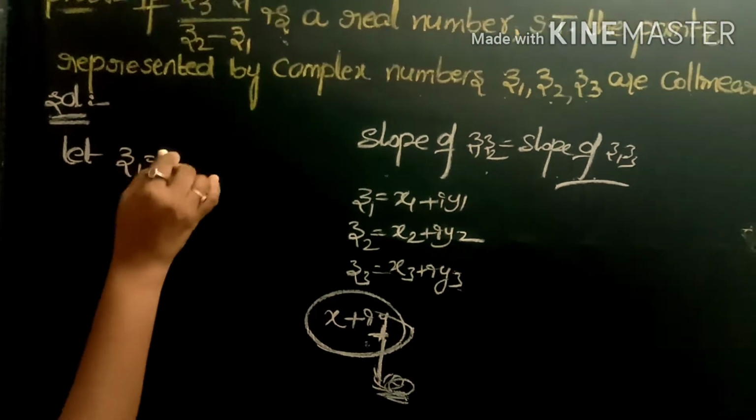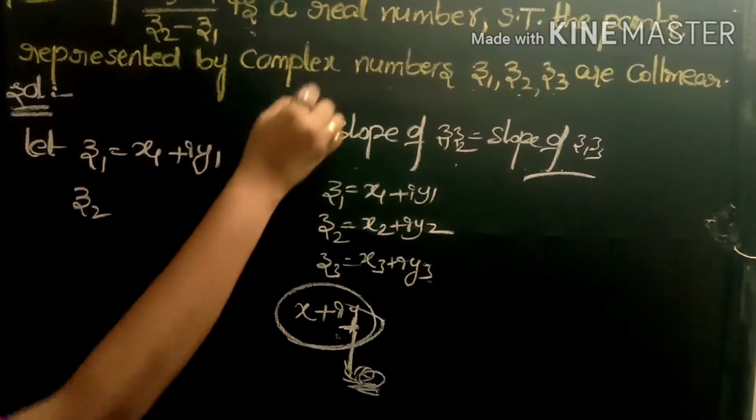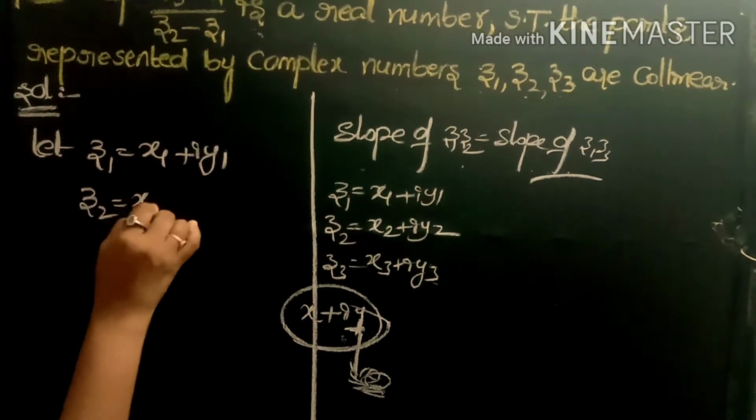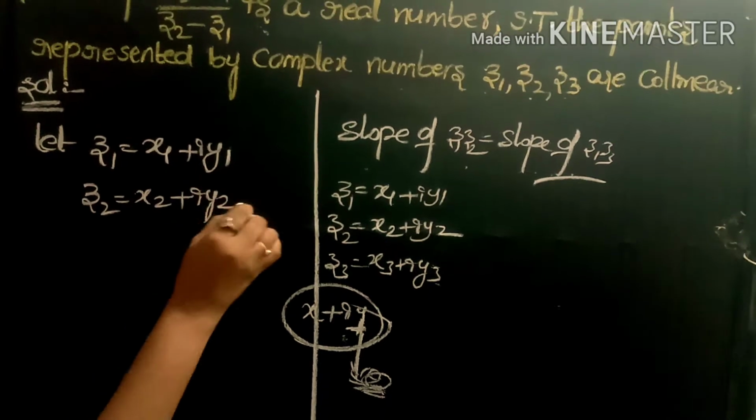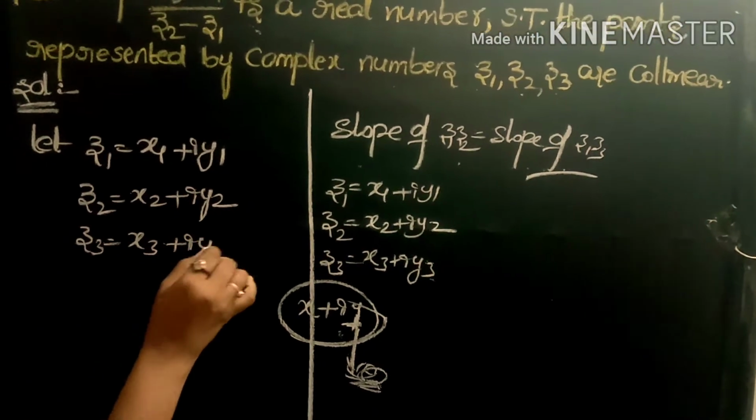Let Z1 equal x1 plus iy1, Z2 equal x2 plus iy2, and Z3 equal x3 plus iy3.